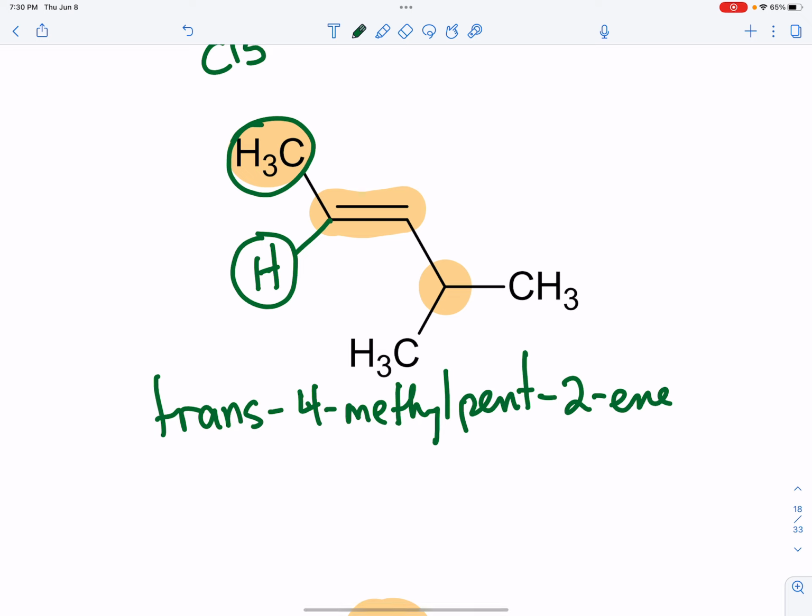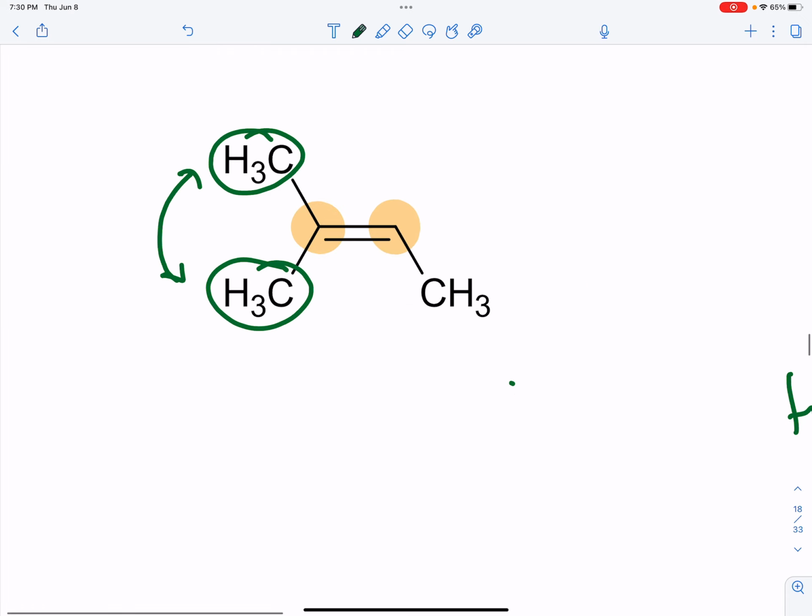You have to have 2 different things attached on both sides of the double bond for that to happen. If you have the same things attached to even just one of the carbons like we see here, then when you trade places with those 2 methyl groups, if you switch them, the molecule won't change. So therefore, this has no cis or trans isomerism.